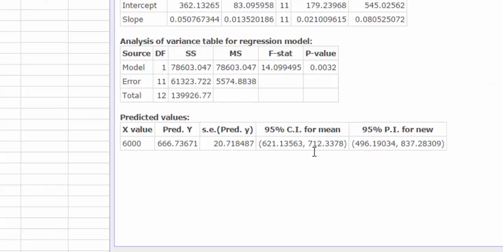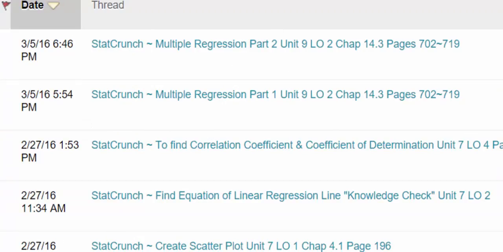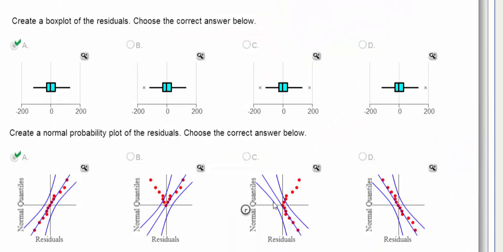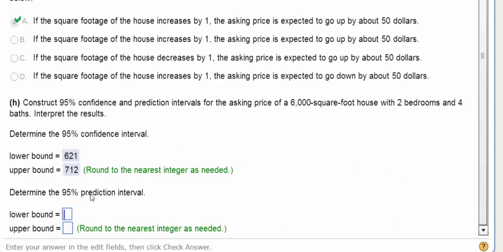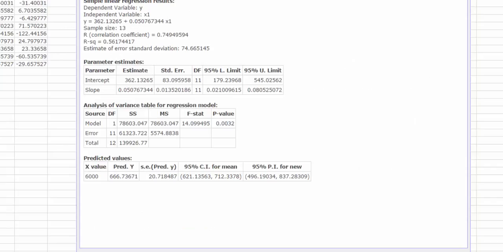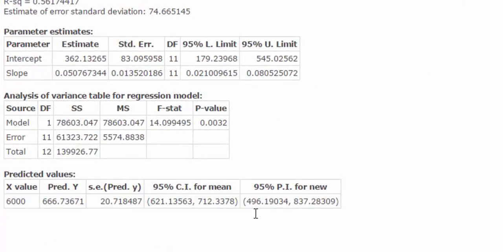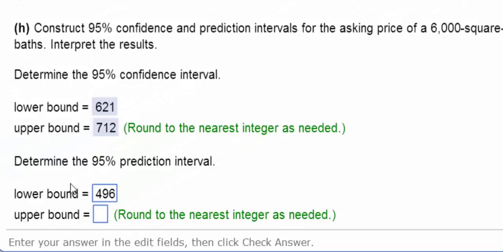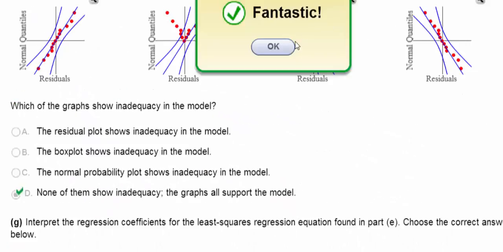And then our upper bound was 712. And I'll check my answer. And we get the fantastic. And then I scroll down, and now we do our prediction interval. And that would be, looks like, 496 and 837. And I press enter, and I get another fantastic.